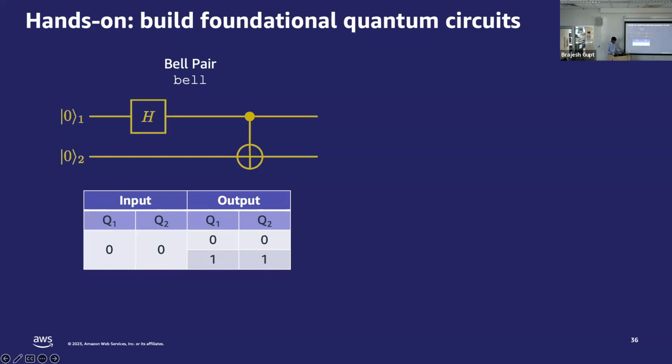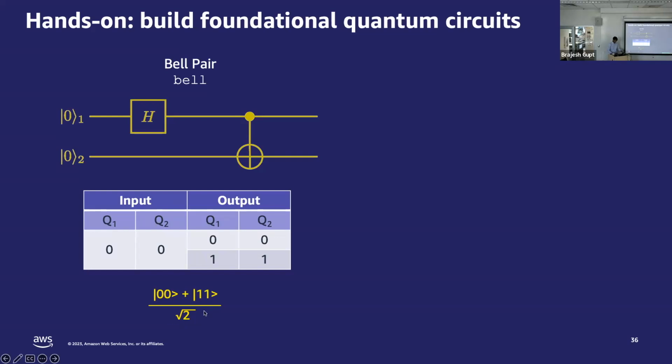This has a special name, and this is called a Bell circuit or Bell state. This is what is called the maximally entangled 2-qubit state, and the final state of the circuit can be written as 00 plus 11 over square root 2.